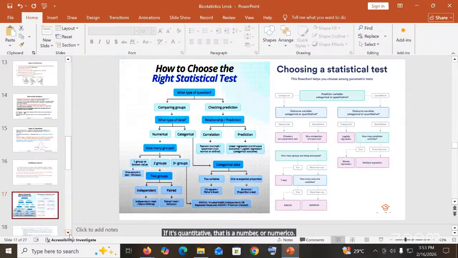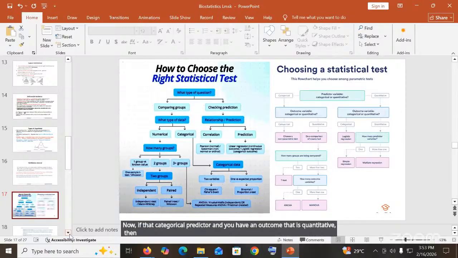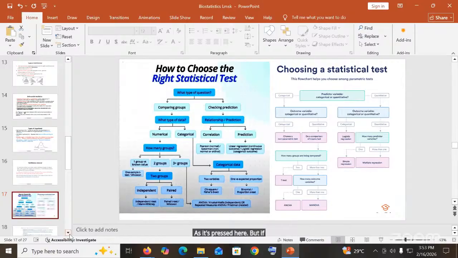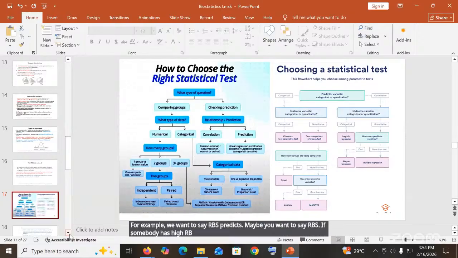Now, if you have a categorical predictor and an outcome that is quantitative, then you'll choose either a t-test or, if it goes further, ANOVA or MANOVA as expressed here. But if it is a quantitative predictor, for example, you want to say RBS predicts HbA1c: if somebody has high RBS, they might have a higher HbA1c.